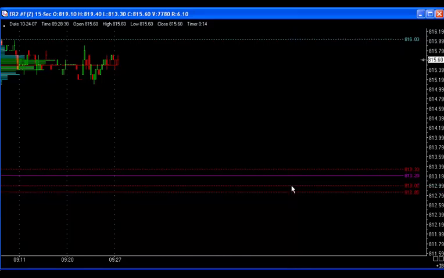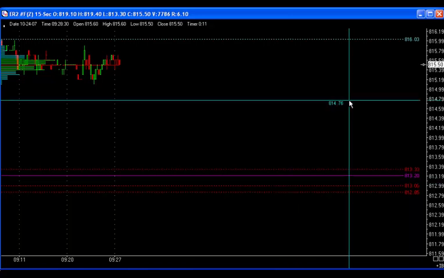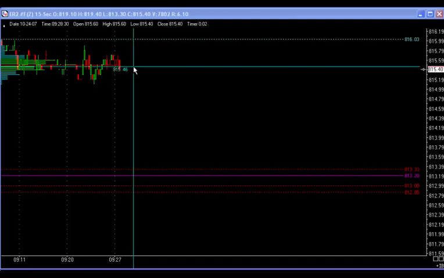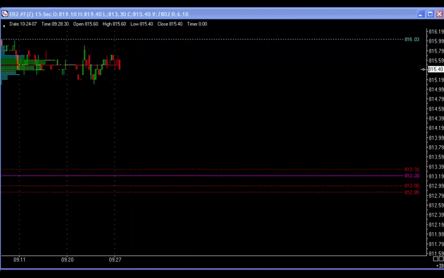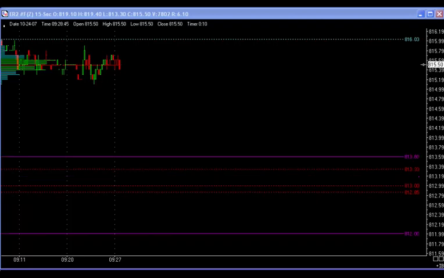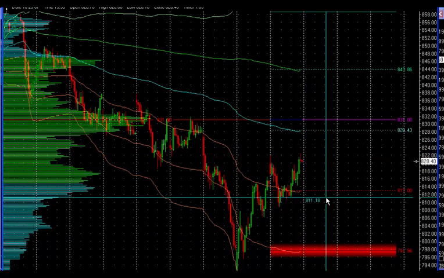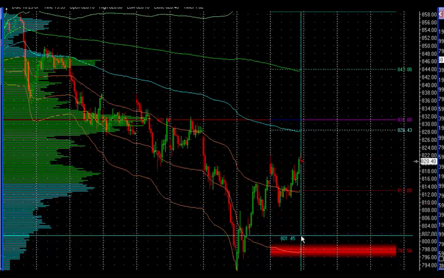The next value up at 813, let's see where that one comes from. That comes from this chart. Let's see if we can get that on here. That's 813. Okay, so here is the chart that comes from.